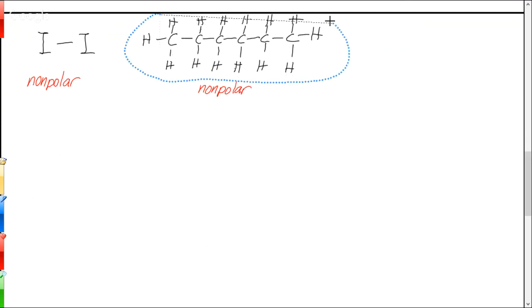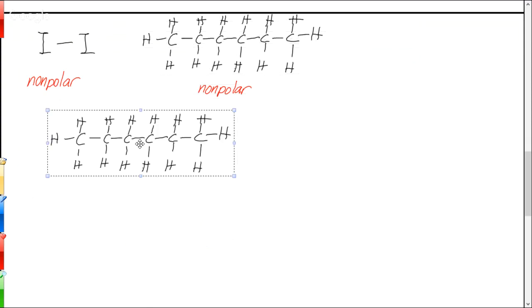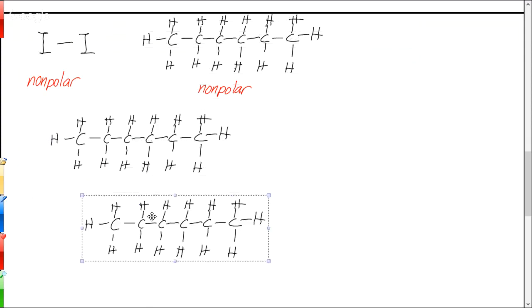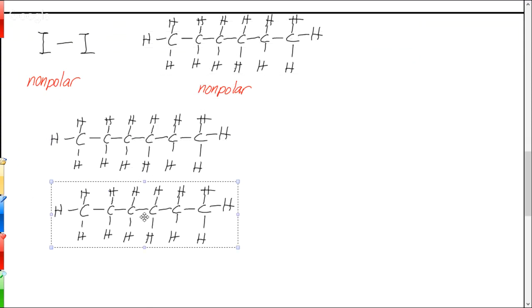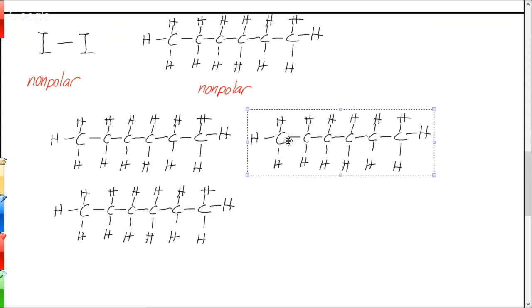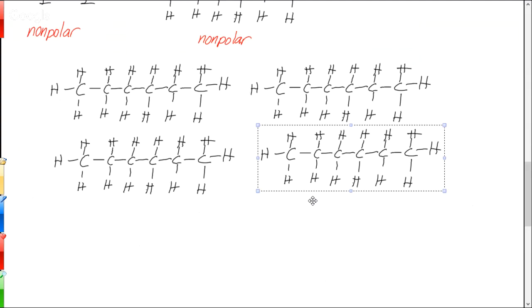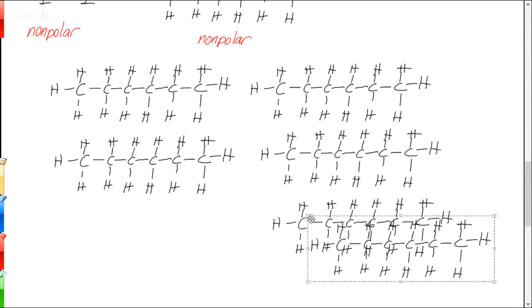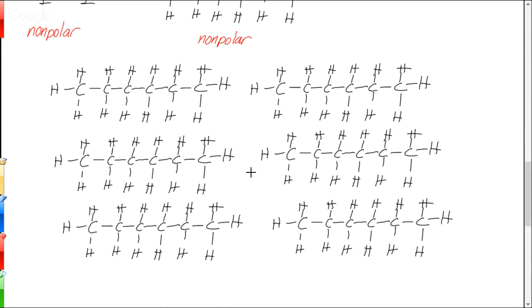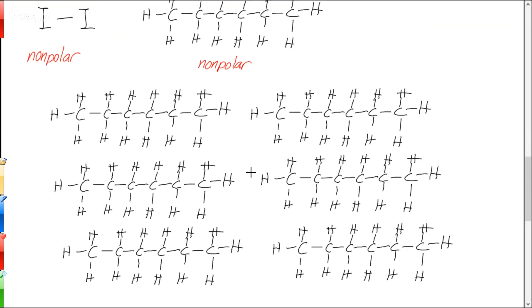You don't have to copy this down, but I'm just going to make a bunch of these to kind of show what that would look like. So remember that with dispersion forces, it's not about positive and negative. It's just about all these things kind of lining up together, like that, and they all kind of attract each other, even though there's no positive and negative. So water doesn't fit well in there because it has a positive and negative side.